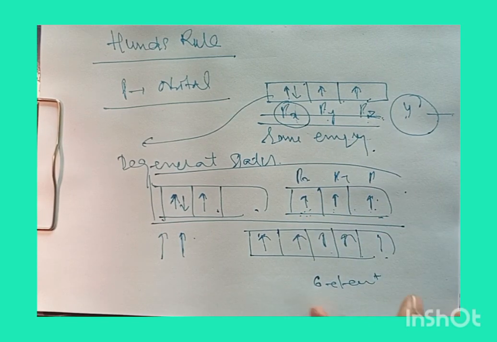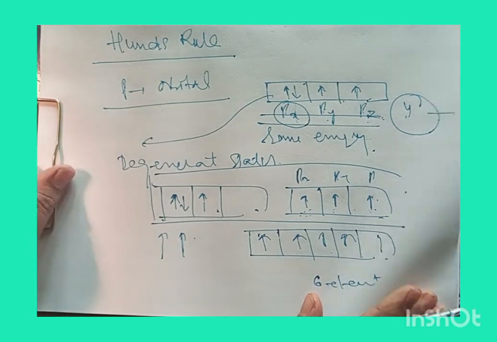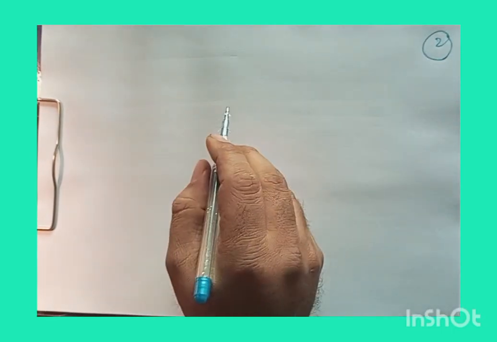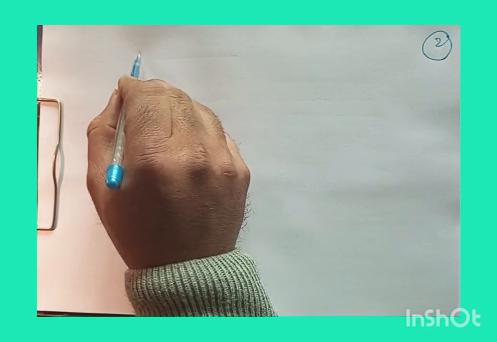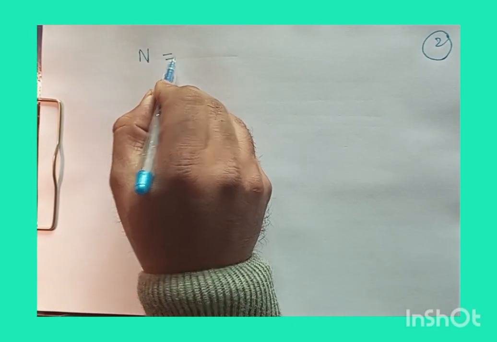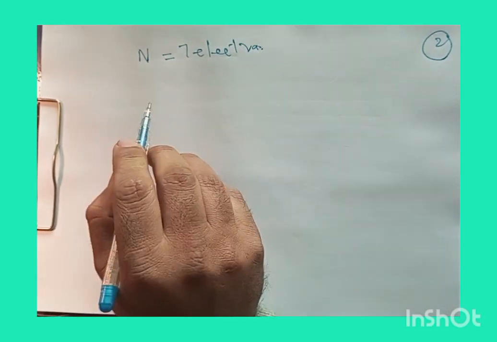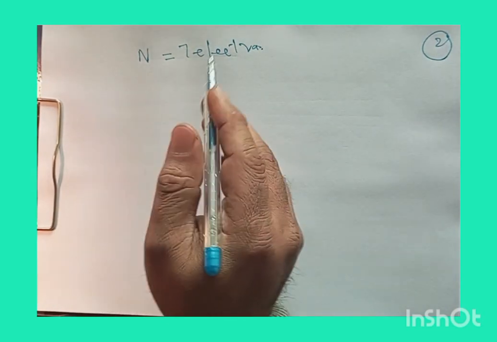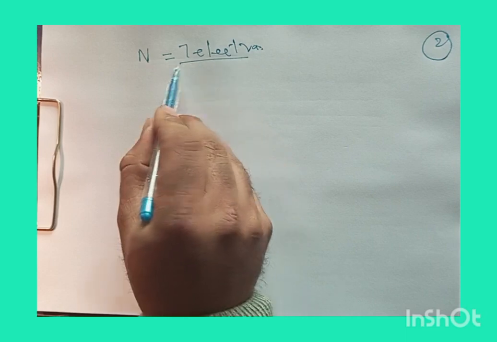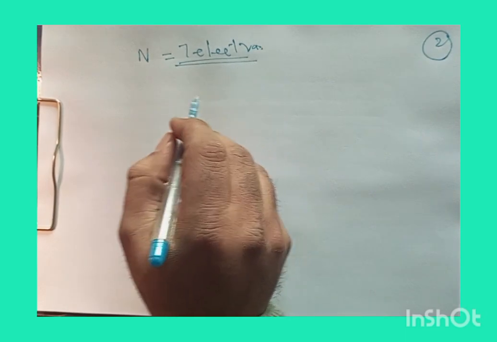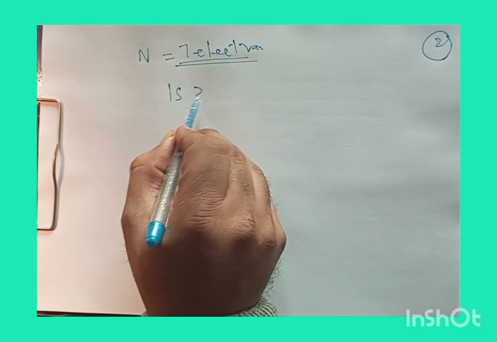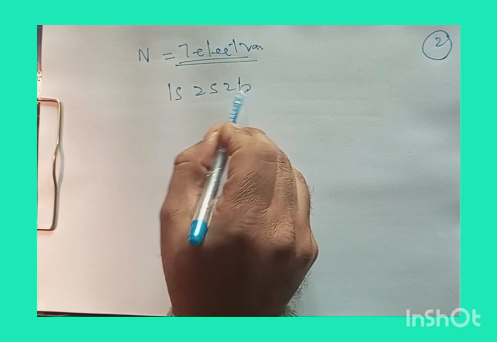To be more concise, if we take an example of, say, nitrogen, nitrogen has 7 electrons, and we can fill the electrons in the nitrogen atom using the Aufbau principle, that is 1s, 2s, and 2p.